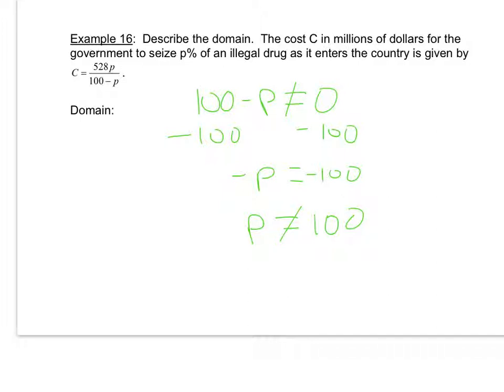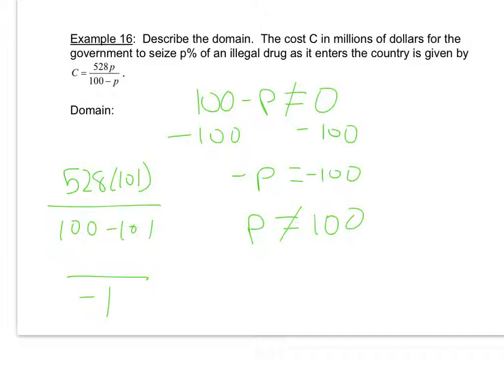But here's the thing. If I plugged in over 100, if I plugged in 101, look at this. You get 528 times 101 over 100 minus 101. So this would be whatever that multiplies out to be over negative 1. Could you seize a negative amount of drugs?